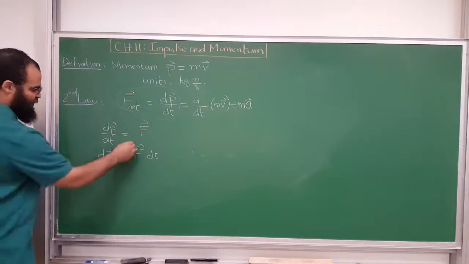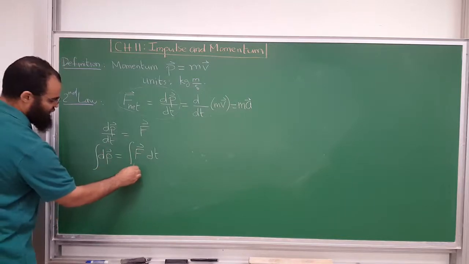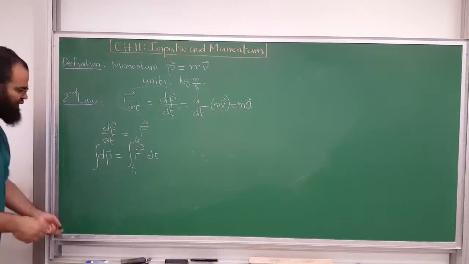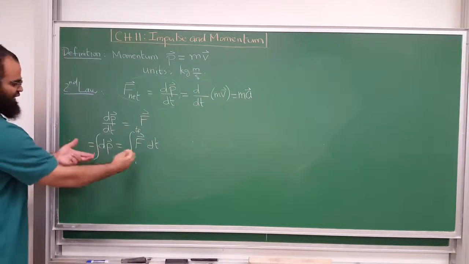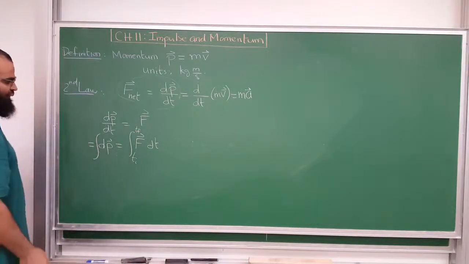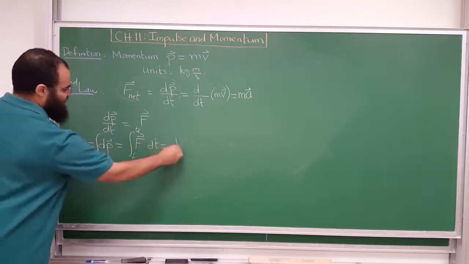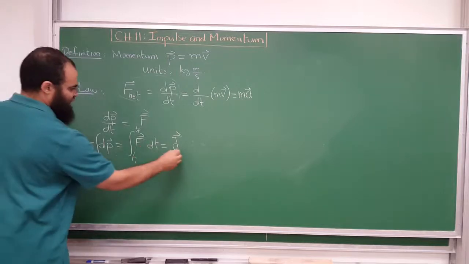If we integrate both sides from t initial to t final, what is this quantity F dt called? It is called J, and it is known as the impulse. F dt is the impulse.